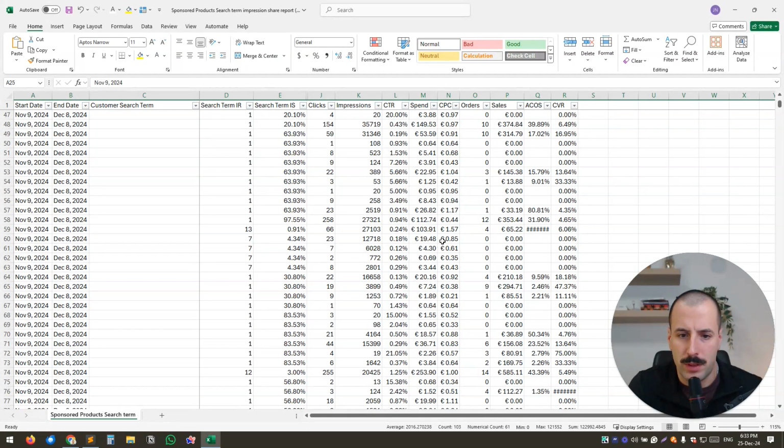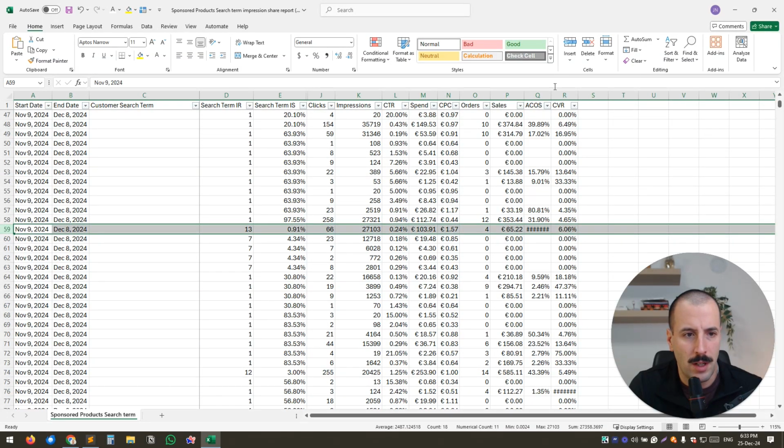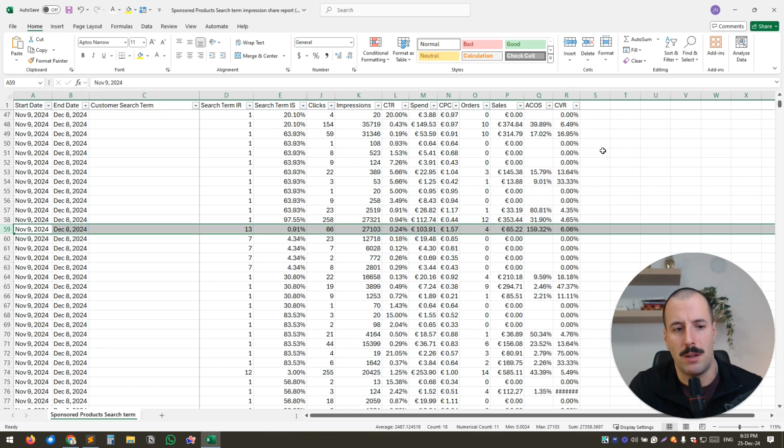Then we can go further down the page. This is an interesting one. So for this one, we have, what's the ACoS? Wow. Position number 13, only a fraction of search term impression share. If this was a really super relevant keyword, search term for us, then we would probably have to increase the bid even more.